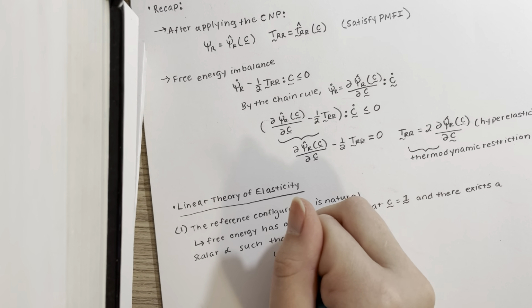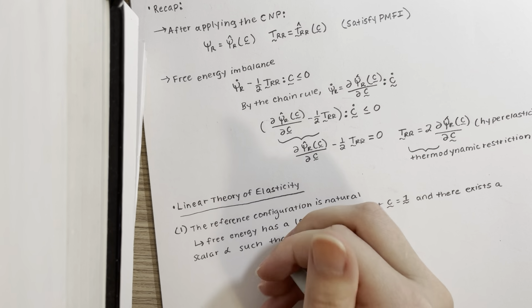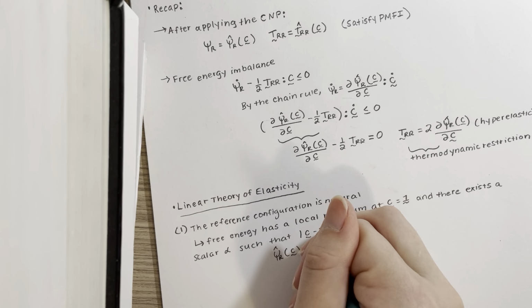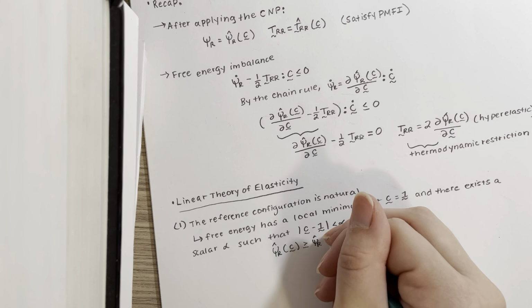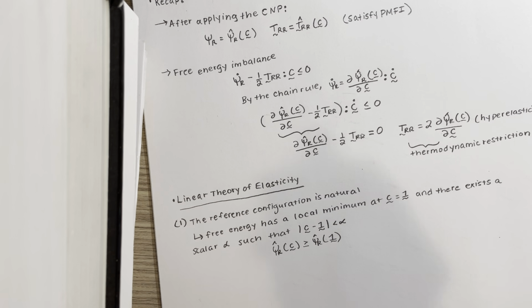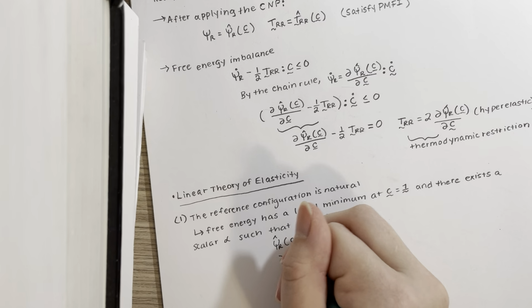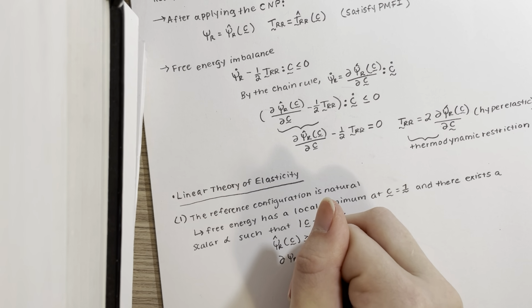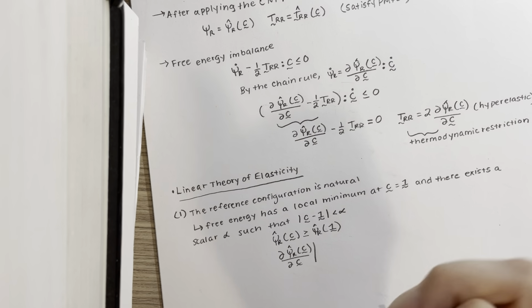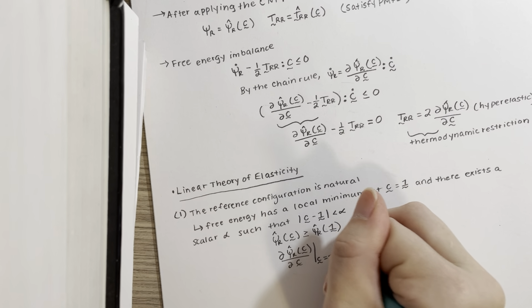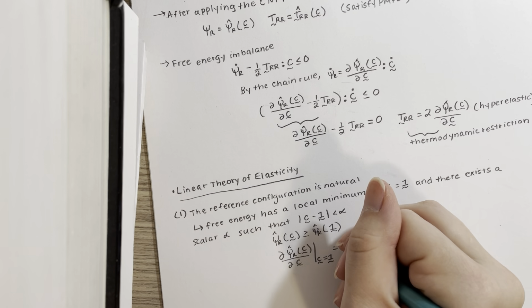So this means that phi r hat of C is greater than or equal to phi r hat of the identity tensor. And then by the definition of local minimum that we've learned in undergrad calculus, we know that del phi r hat of C over del C, evaluated at the local minimum C equal to 1, is equal to 0.